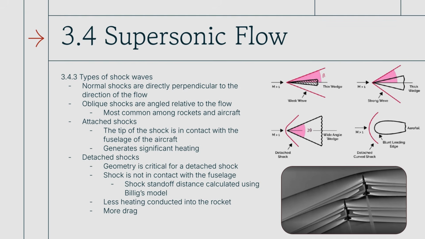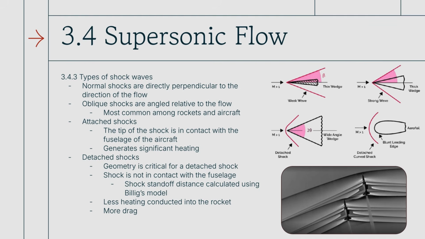If you make your object super blunt, basically super not aerodynamic, then you're essentially forcing the shockwave to detach. And actually this is super dependent, I will add. If you go look at Billig's model, they use the radius of whatever your cone or object is to calculate how detached the shockwave is.